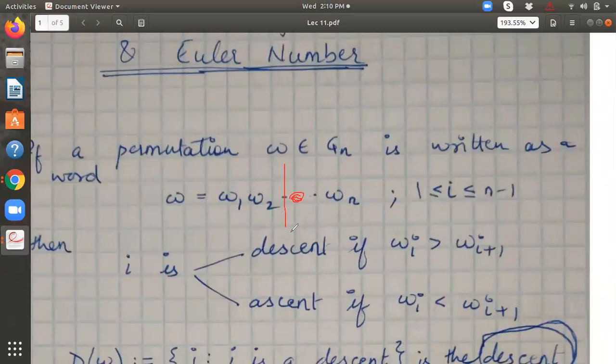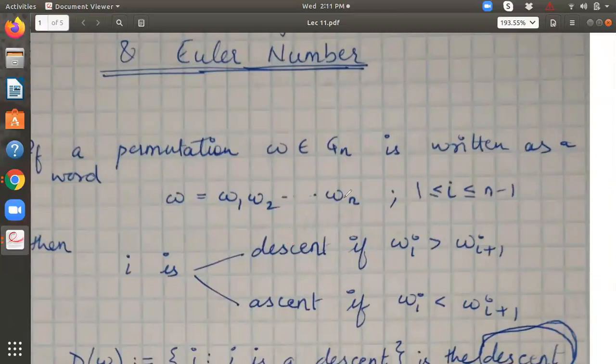This is the ith location. You compare it with the next location. If this element happens to be larger than this, you call the ith location a descent. If this element is smaller than this, you say that the number i is an ascent because it is giving a smaller value. Okay.